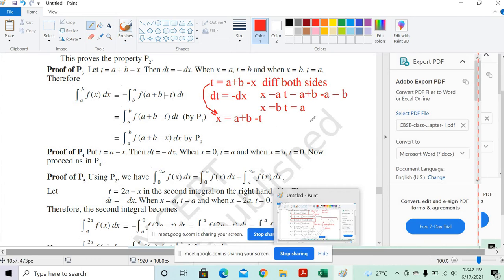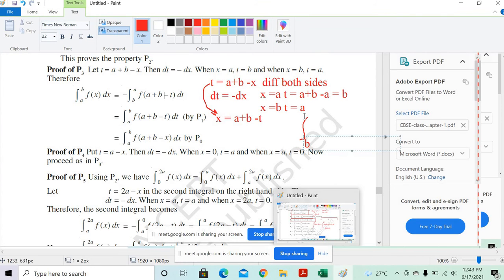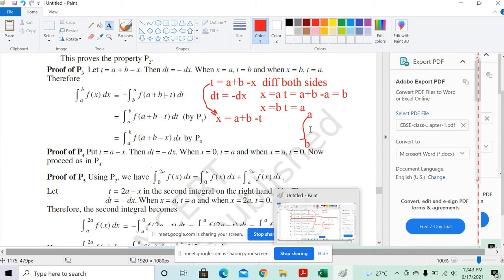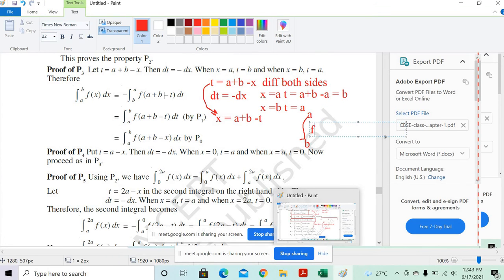Now we'll apply the limits. Can we apply the limits now? When x is equal to a, t is b, so this becomes b, and this becomes a. And f of x is replaced by f of a plus b minus t.